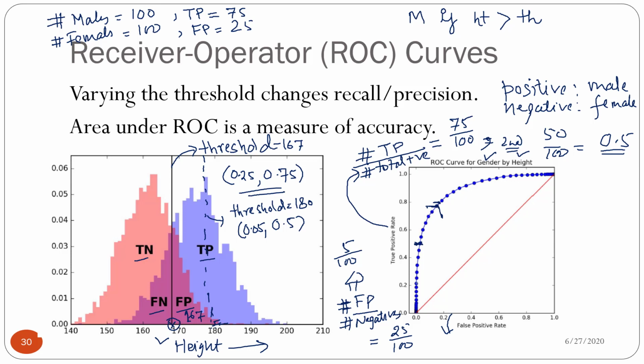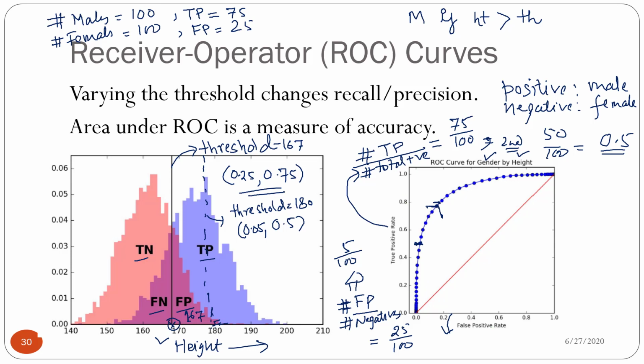Okay, so this is how we create the ROC curve. Move the threshold. If you move the threshold, then these different points that you have are the values corresponding to different thresholds. And for each threshold, you will get the corresponding x and y axis. X axis will have false positive rate, y axis will have true positive rate.